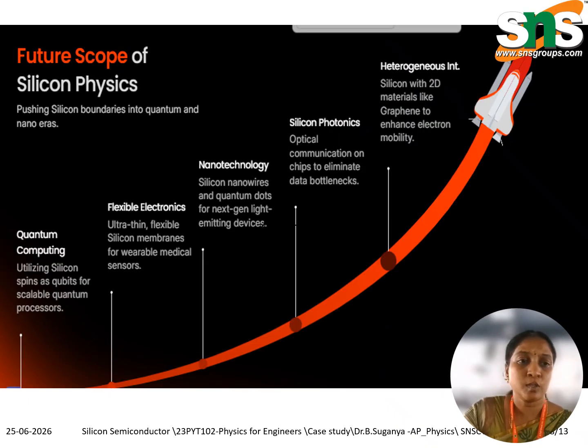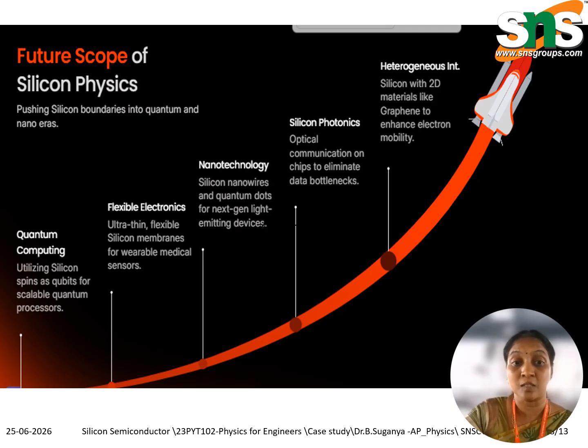And its future scope is definitely it will play a role in many engineering fields such as quantum computing, flexible electronics, nanotechnology, silicon photonics, heterogeneous integration. So quantum computing utilizes silicon spins as qubits for scalable quantum processors, then ultra thin flexible silicon membranes for wearable medical sensors.